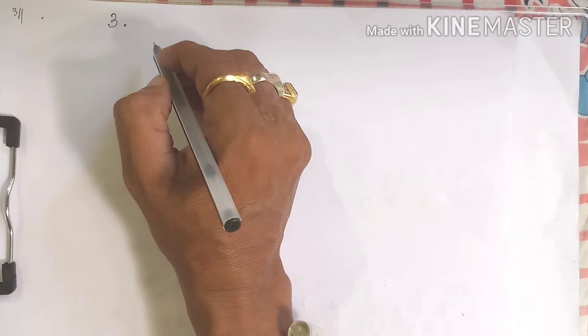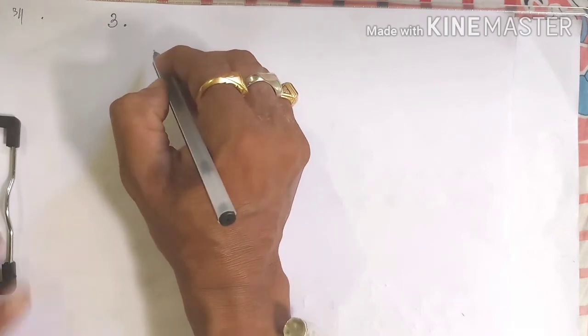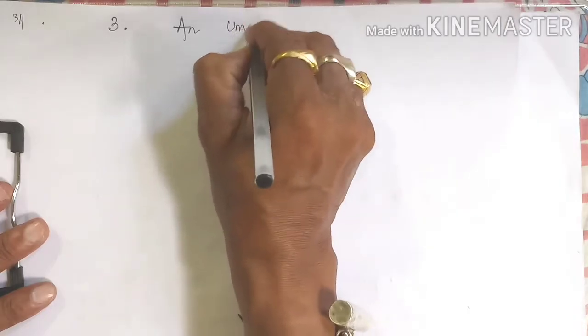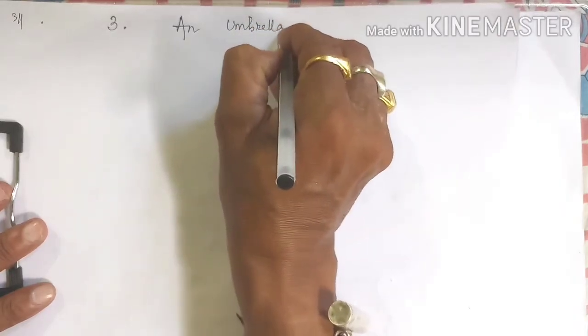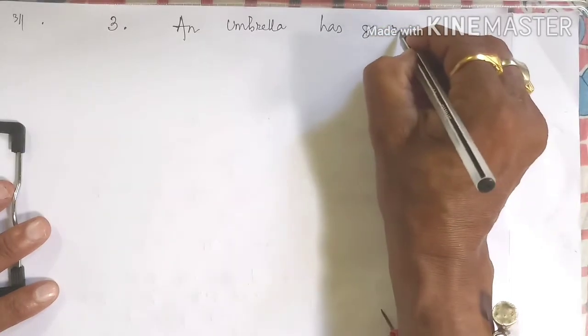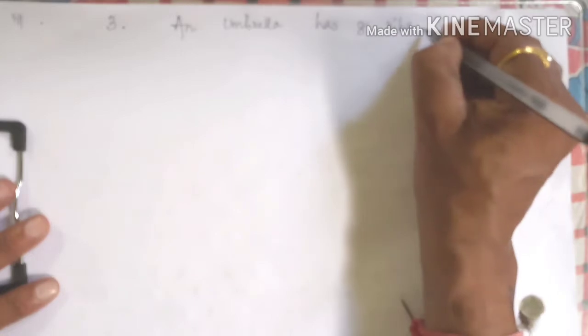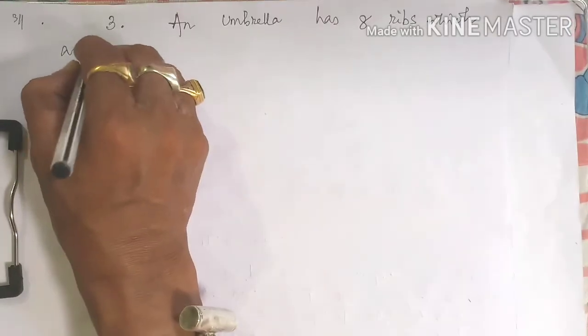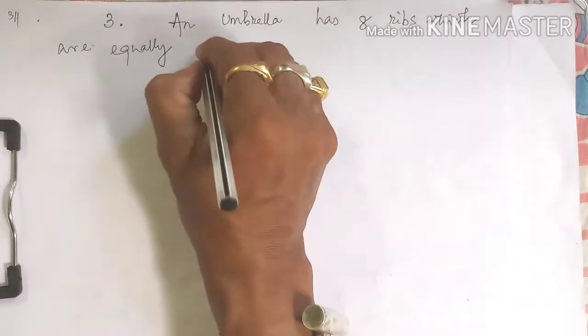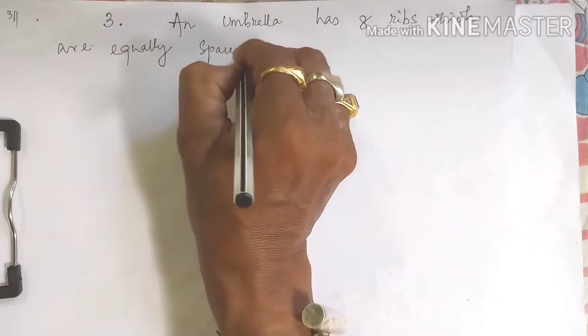An umbrella has 8 ribs, which are equally spaced.